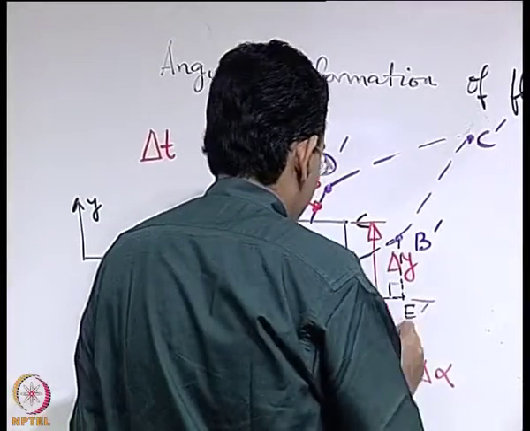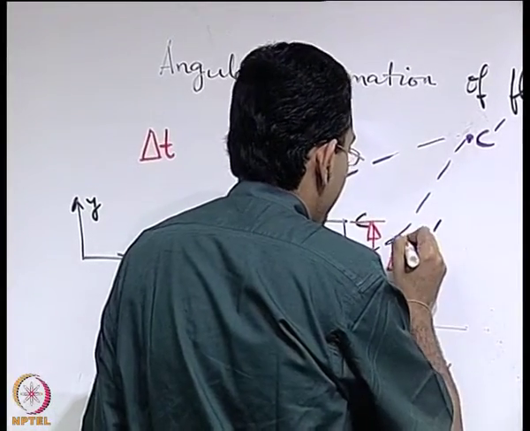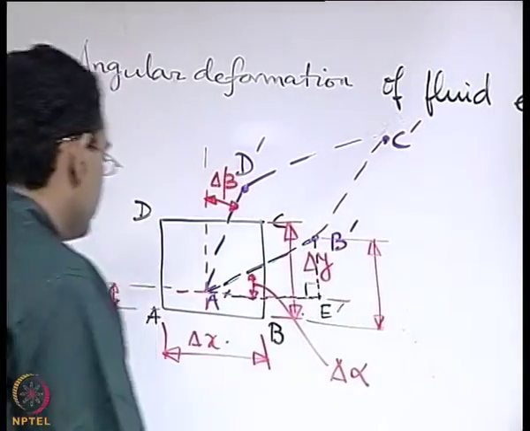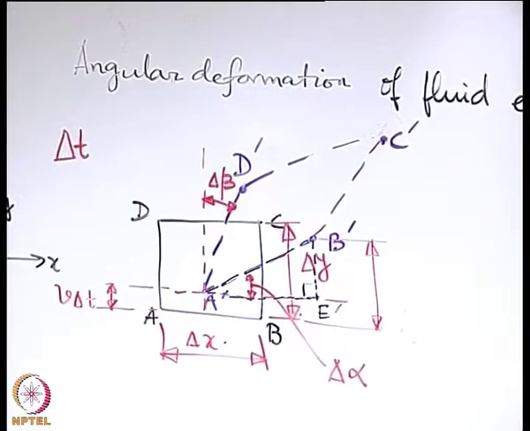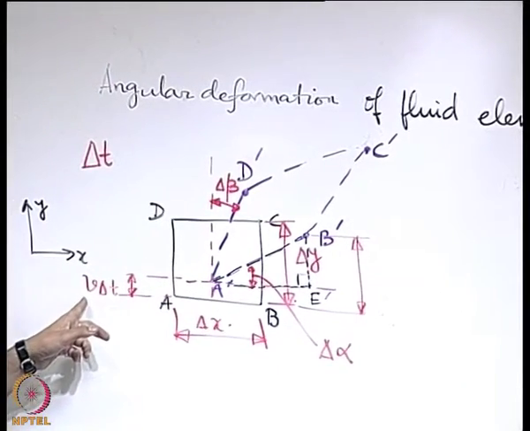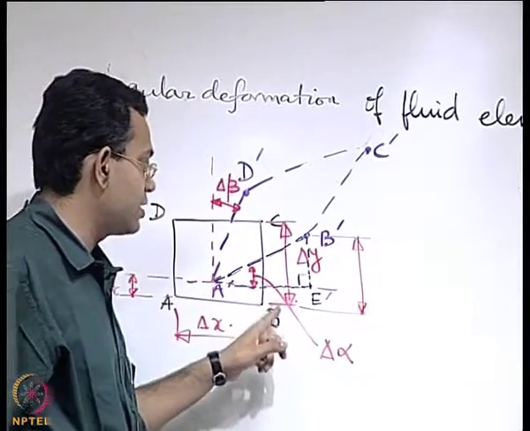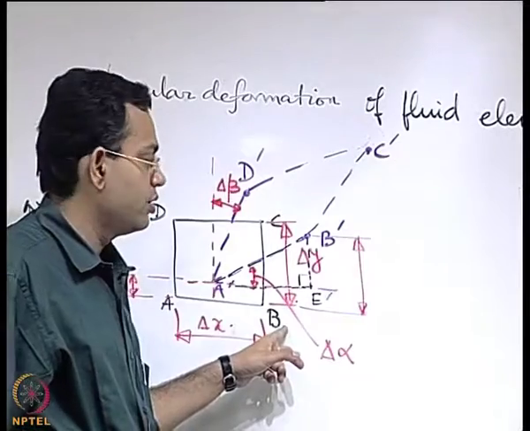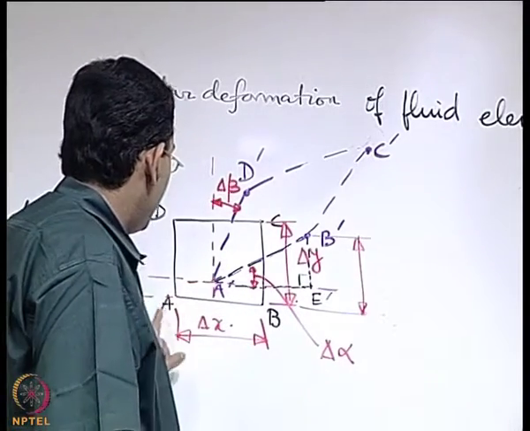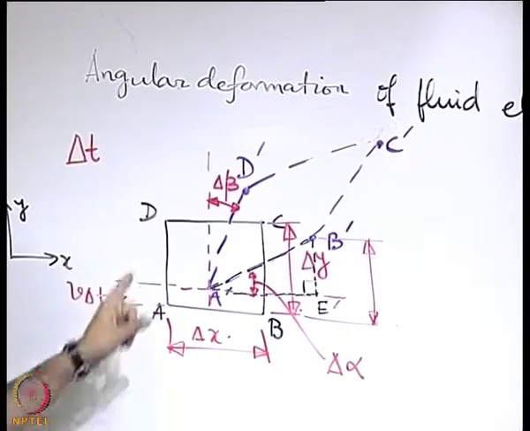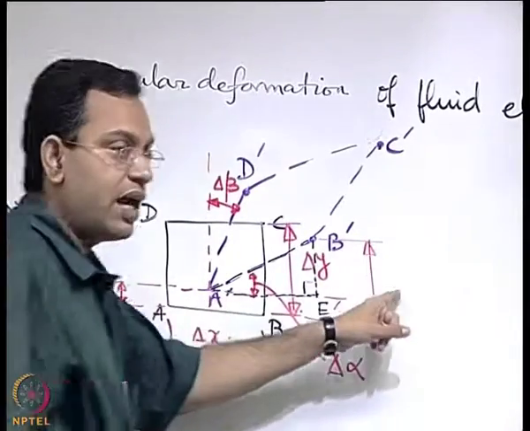Next we try to find out the corresponding vertical displacement for the point B. So, if this is v at A, we have to find out what is v at B. That v we have to write here.